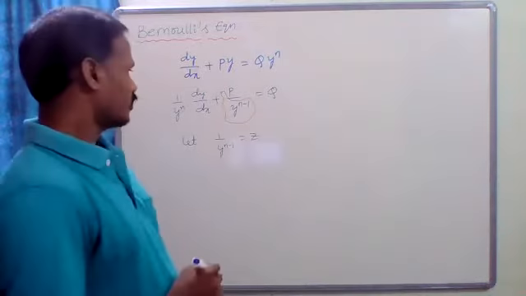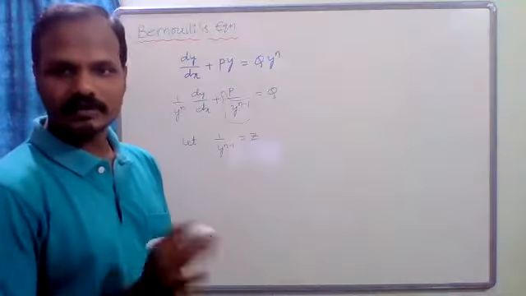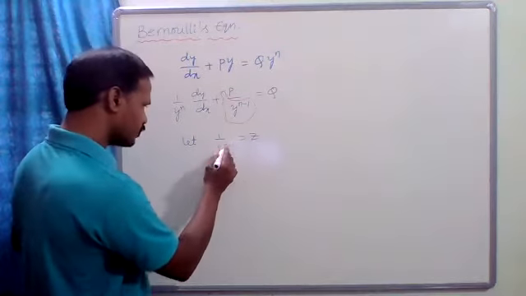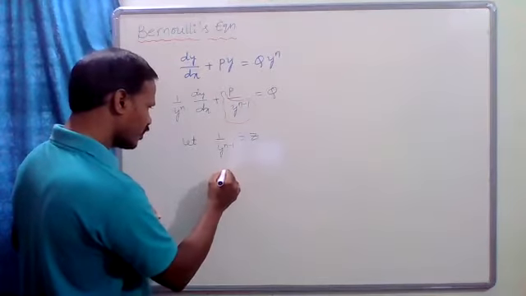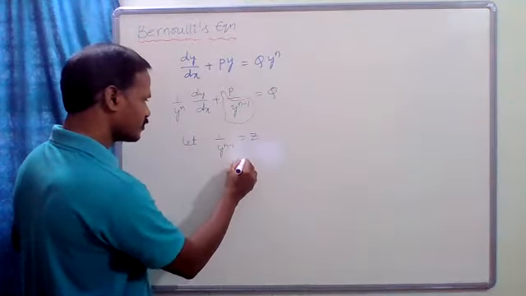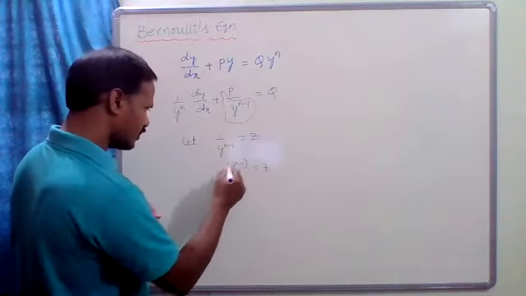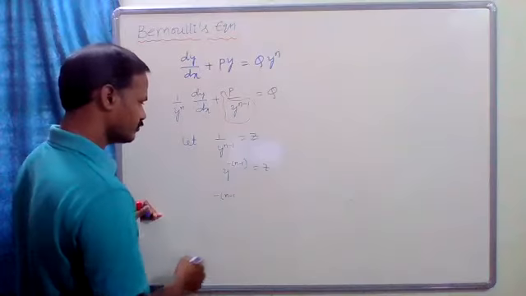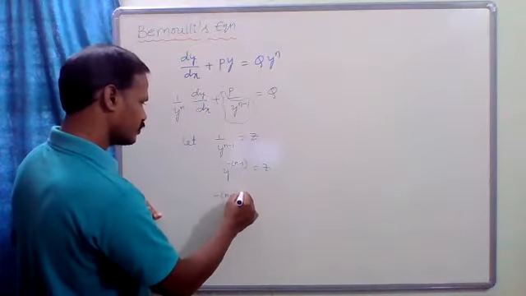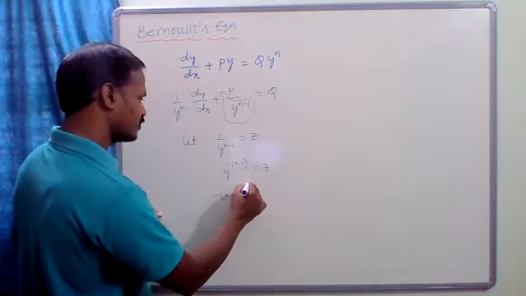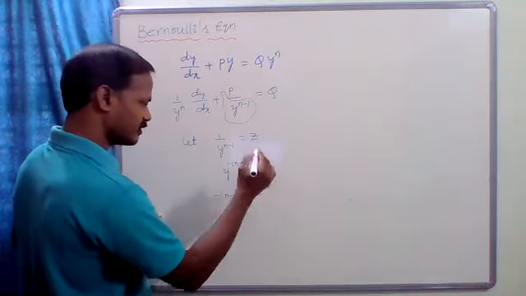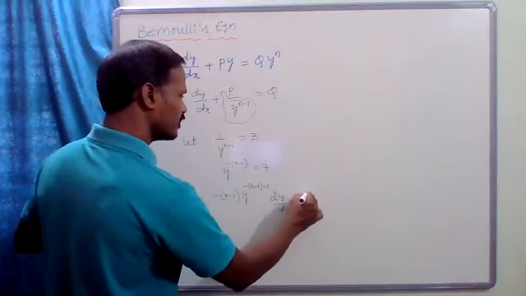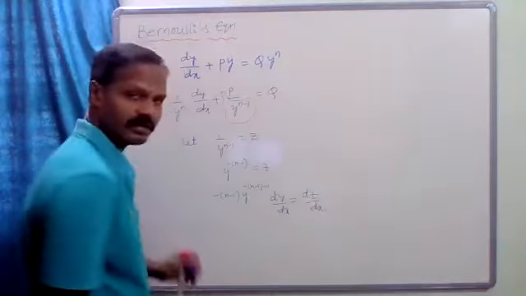Now differentiate with respect to x on both sides. This can be written as y power minus of n minus 1 equals z. So differentiating, we get minus of n minus 1 times y power minus of n minus 1 minus 1 dy by dx equal to dz by dx. Is it clear?